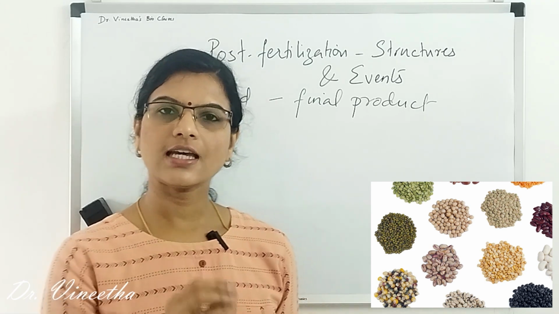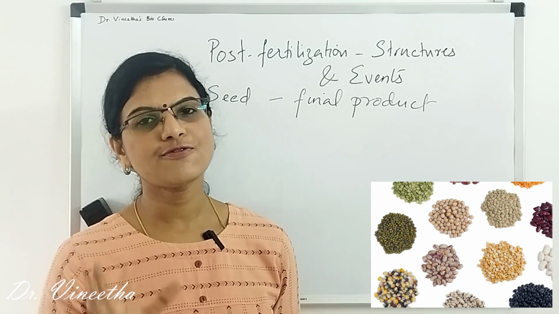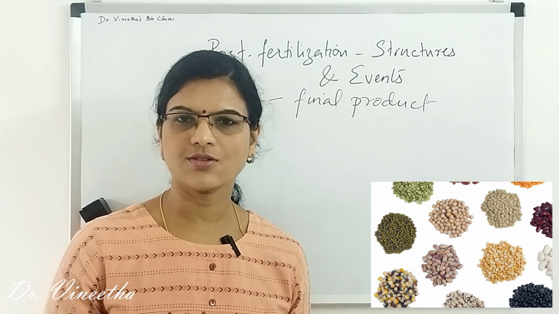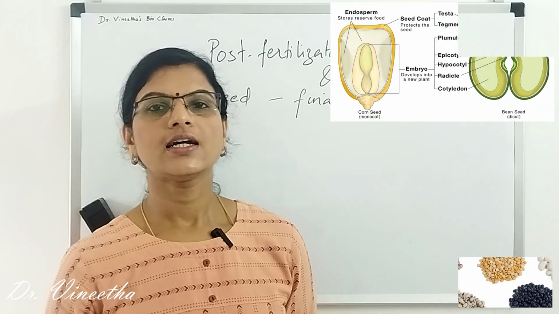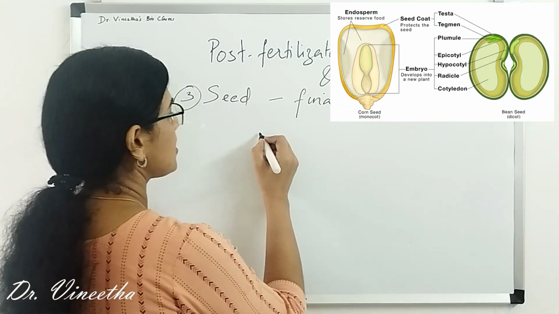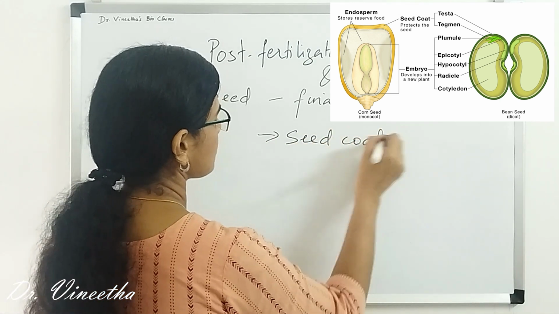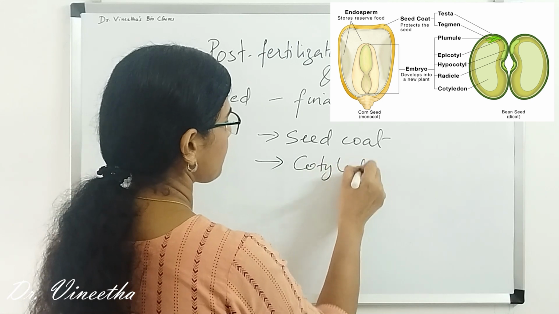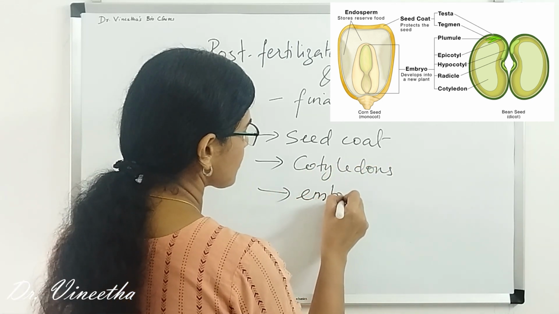Right? The seeds are formed within the fruit, and these seeds are the fertilized ovule, and this is the final product of sexual reproduction. So the seed has three main parts. They are the seed coat, the cotyledons, and embryo axis.